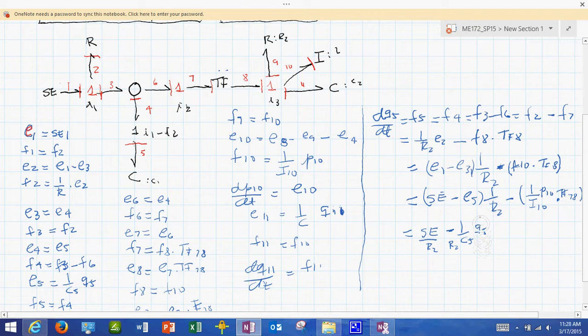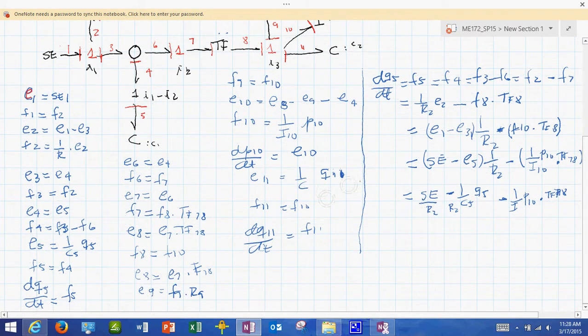Okay, so that's this, minus 1 over I10 P sub 10 times TF. So this is the first equation.